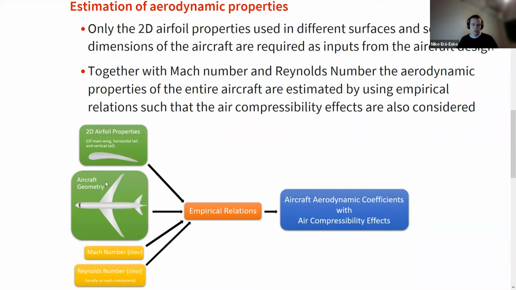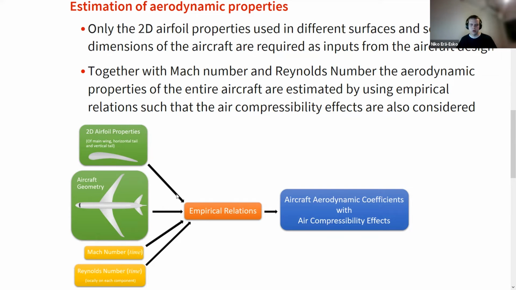And then we need some key dimensions from the aircraft geometry. We need things such as the wingspan, the width and height, and the length of the fuselage, the dimensions of the tail and their positions, and so on. And then together with the embedded model for the atmosphere, we get the actual Mach number and the Reynolds number locally on each surface or on each component.